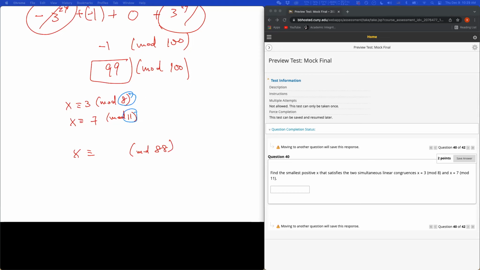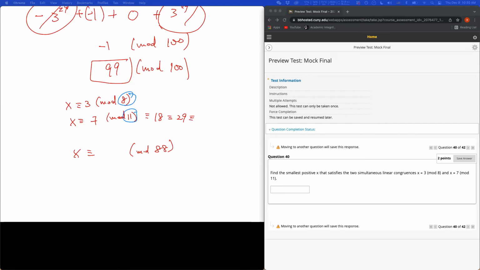I will start with 7 mod 11 since it generates faster. So 7 does not work for 3 mod 8. So we keep going. So we can get 18. 18 is not congruent to 3 mod 8. So you keep going. So you can have 29. 29 is not congruent to 3 mod 8.